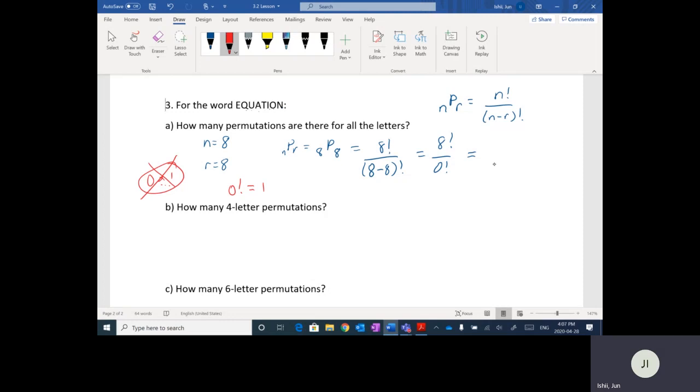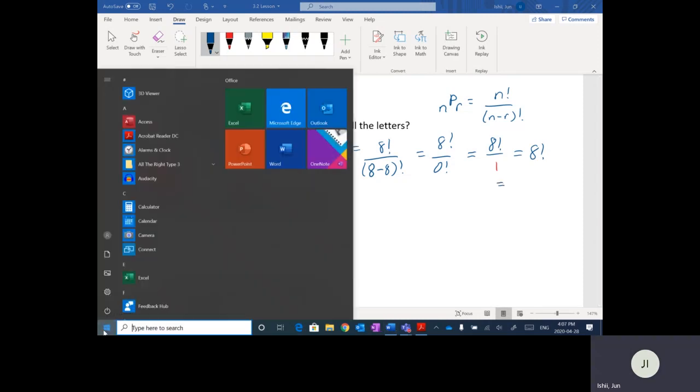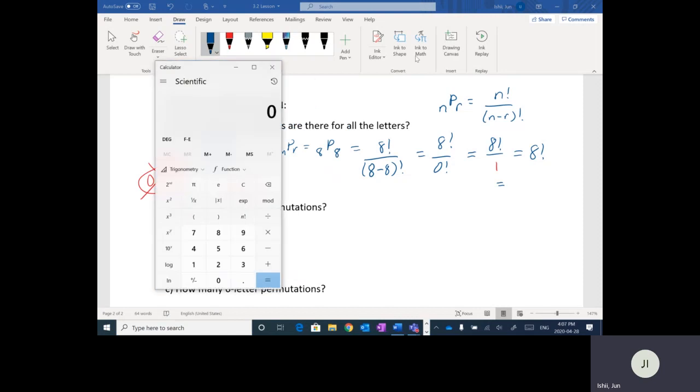Okay, so on the bottom here would be a 1. So I got 8 factorial over 1, which is just 8 factorial. All right, and that equals a pretty big number, I imagine. So let me just pull up the calculator. 8 factorial, so 40,320.